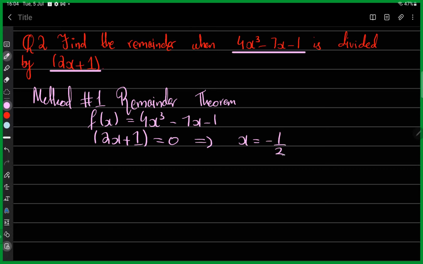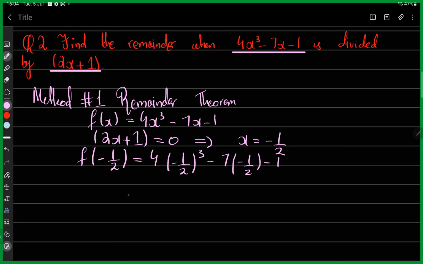Now the remainder is going to be f of minus 1 by 2. So this would give us 4 into minus 1 by 2 cubed minus 7 into minus 1 by 2, and then we have minus 1.